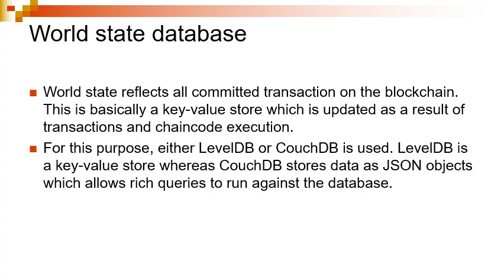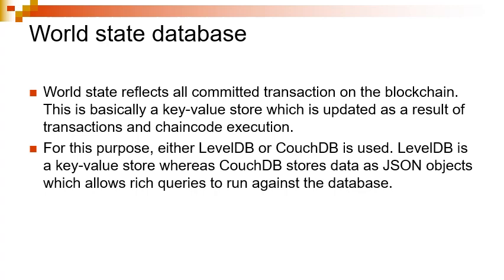Then world state database reflects all committed transactions on the blockchain. This is basically a key value store which is updated as a result of the transactions and chain code execution.